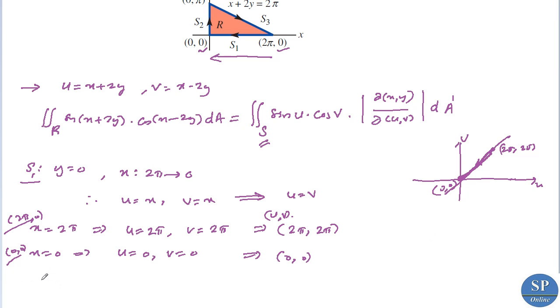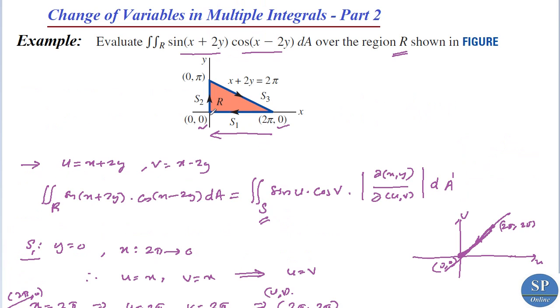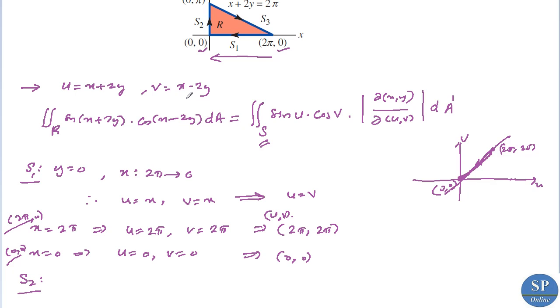Next is S2. S2 is a line from (0, 0) to (0, π). Here x is a constant, x equals 0, and y varies from 0 to π. So on S2 we have x equals 0 and y varies from 0 to π, the orientation is like this.